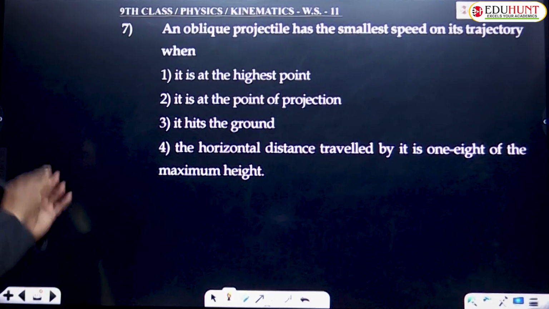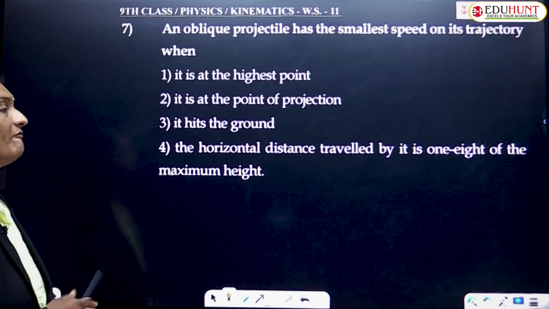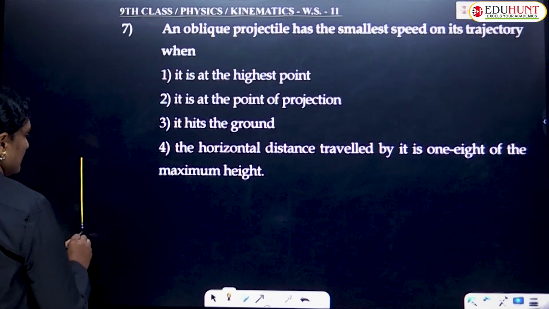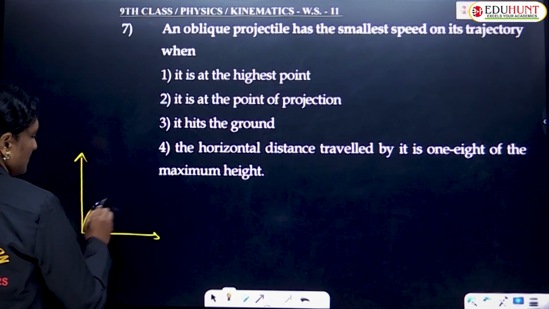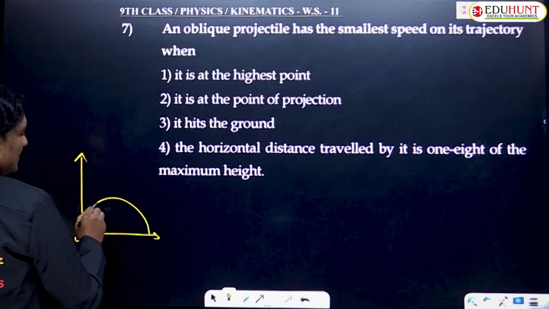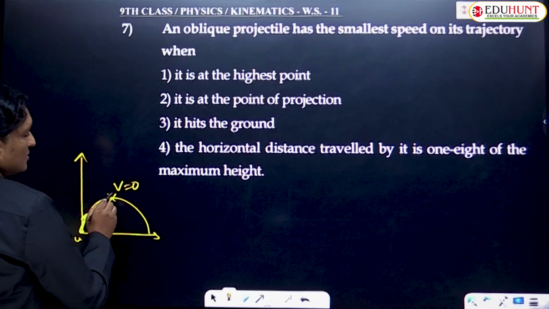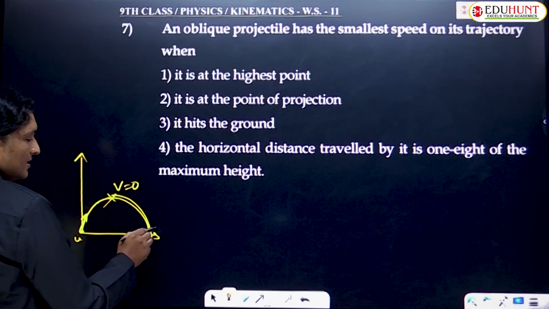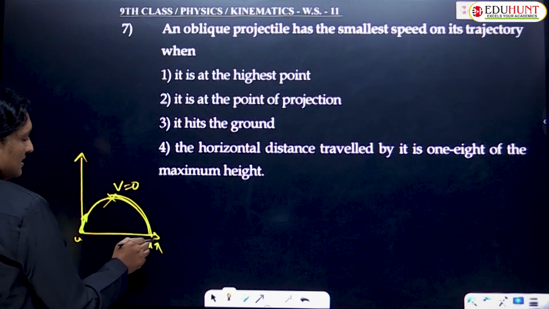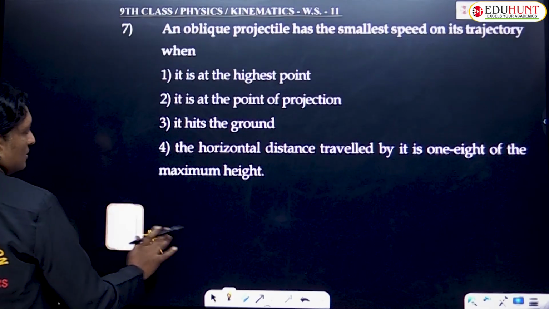Next. An oblique projectile has the smallest speed on its trajectory when? When does the body have the minimum speed? See, this is the projectile body. Here it is released with some velocity u, which gradually decreases, and then it reaches the maximum point where its velocity becomes 0, and again when it reaches back to the ground, its velocity increases.